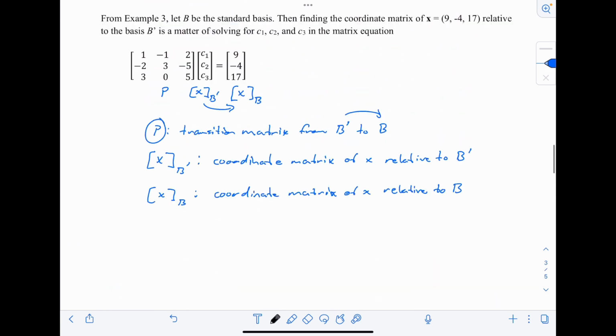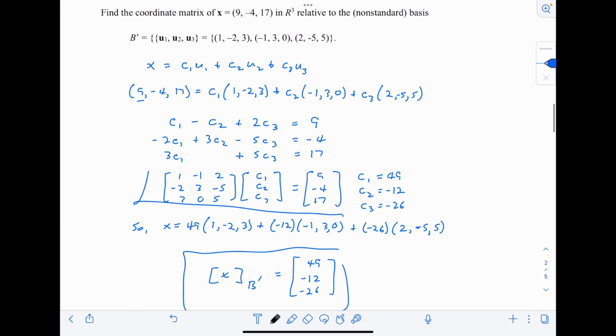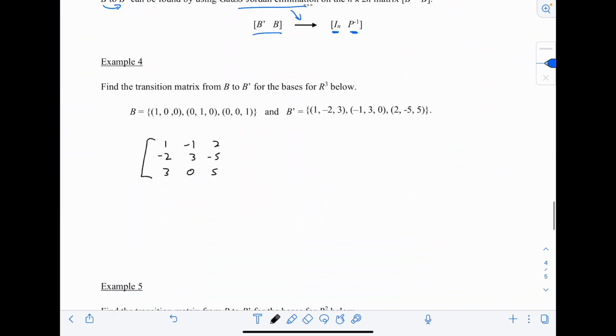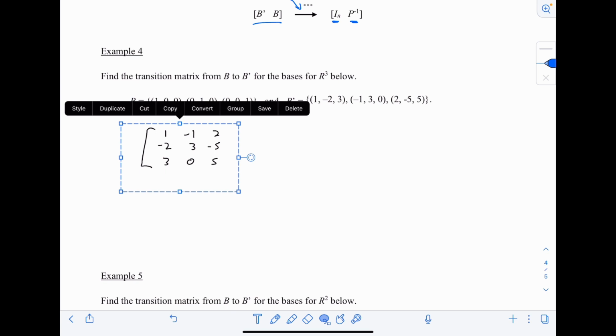When we set up the system, the first terms created the first row, the second terms created the second row, and so on. So all we're doing is putting this in that same form, okay?